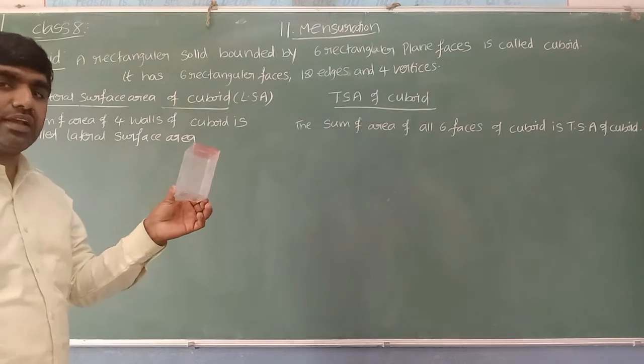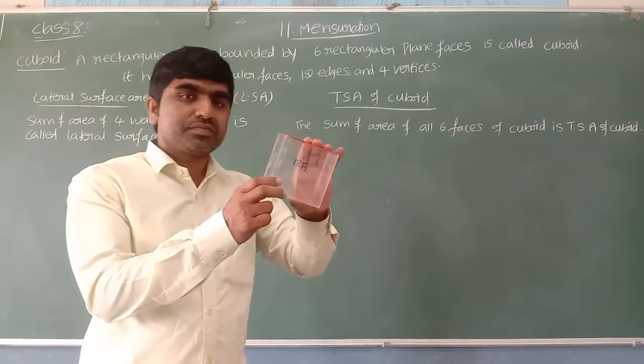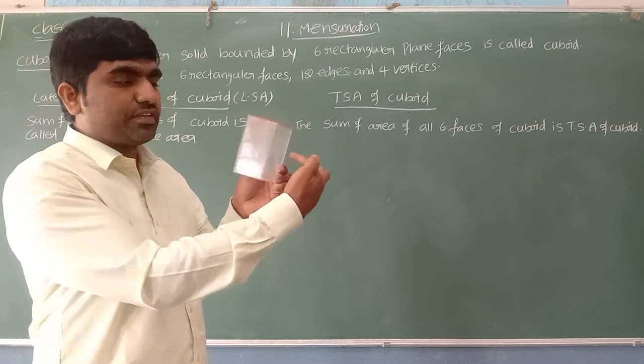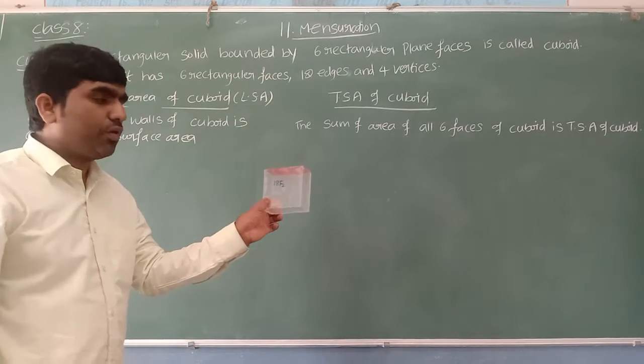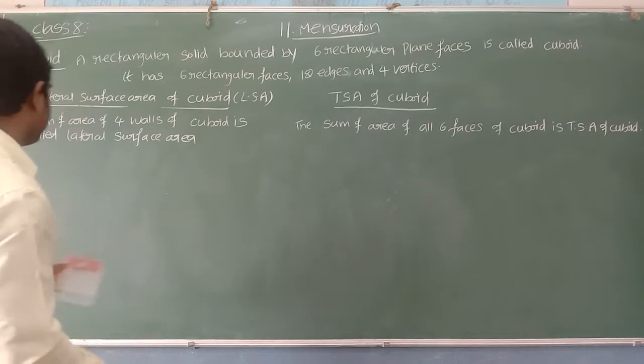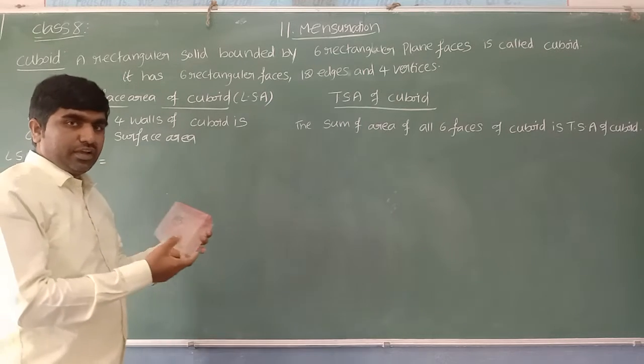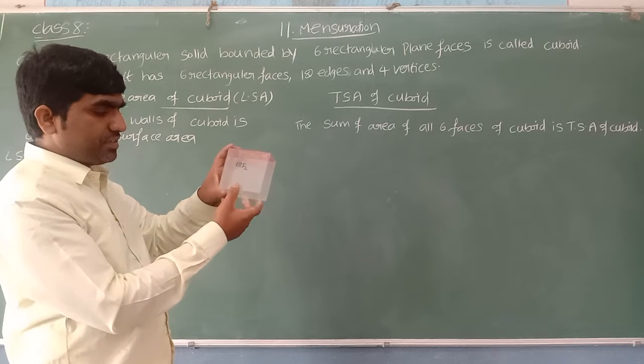So how can you find that lateral surface area? Lateral surface area means the sum of 4 rectangle faces. That's all. So here LSA of a cuboid is equal to the area of the 4 rectangle faces.